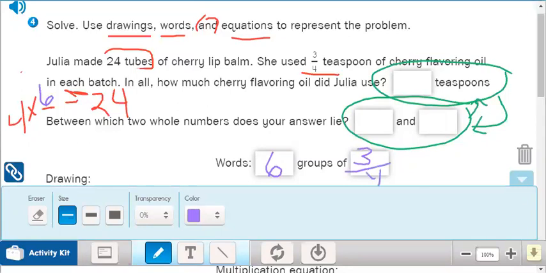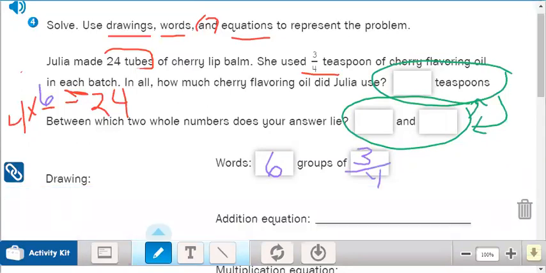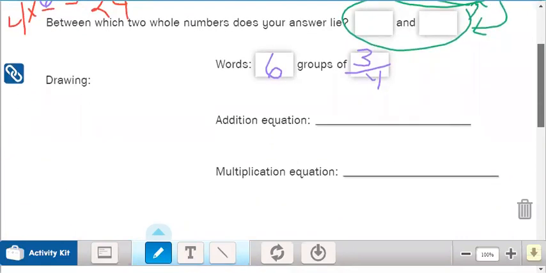I would like you to please pause this video. Please try to draw yourself a picture now that we've gotten this far. Draw a picture, then write an addition equation, and do your best with the multiplication equation. And unpause this when you're done.